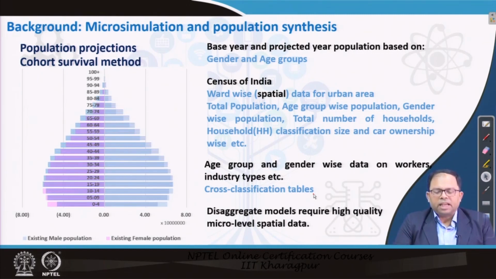Now, based on our previous discussion on land use transportation problems, we have seen the entire land use transportation problem is divided into many smaller components. For example, there is residential location choice, there are mobility models, then there is location choice model for businesses, and then there are the mode choice models, trip generation models, trip distribution models, and so on.